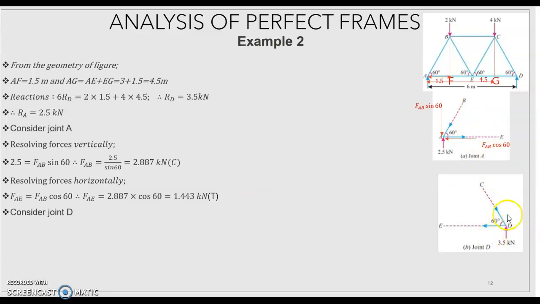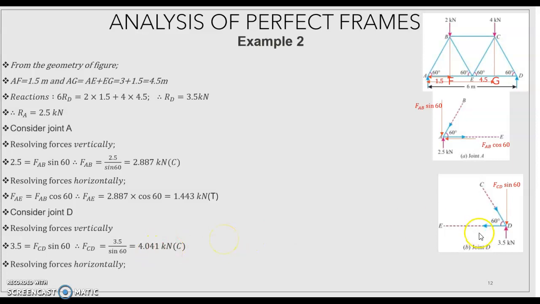Draw the free body diagram of joint D. Resolve vertically. Vertical forces are 3.5 kilonewton upward and the vertical component of CD acting downward, FCD sin 60. That is 3.5 is equal to FCD sin 60. Therefore, FCD is equal to 4.041 kilonewton compression.